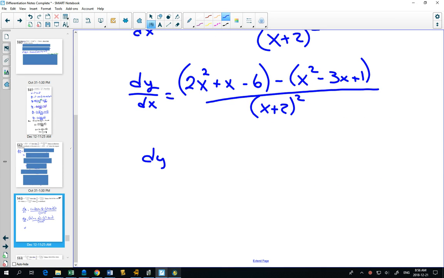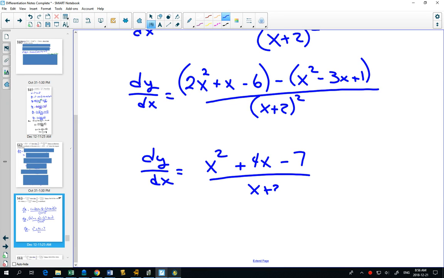Combine our like terms. 2x squared minus x squared is x squared. X minus a negative 3x will be plus 4x. Negative 6 minus a 1, negative 7. So that showed that one was really quite straightforward. No fancy math necessary.